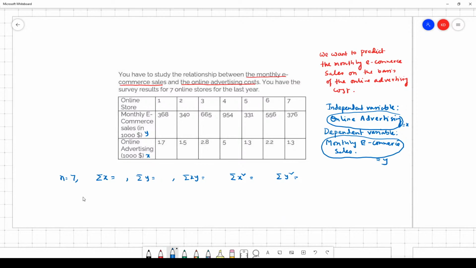According to my calculation, I got these values. Summation X is 15.8. Summation Y is 3590.